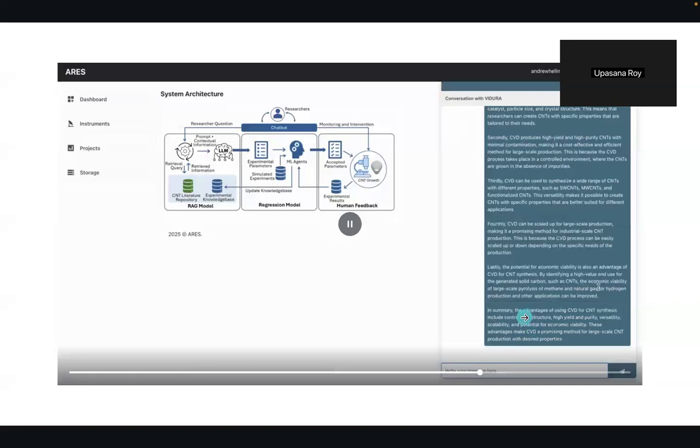In the summary, it says the advantages of using CVD include control over structure, high yield and purity, versatility, scalability, and potential for economic viability. These advantages make CVD a promising method for large-scale CNT production with desired properties.